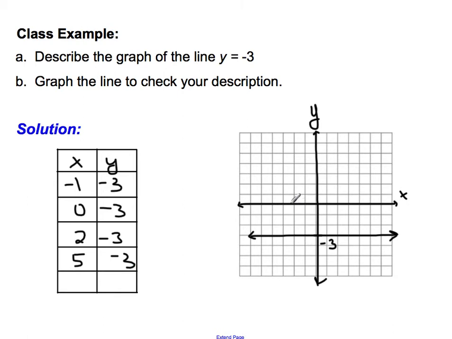It doesn't matter how far you go this way, you are always going down to negative 3. Notice that all your y's are equal to negative 3, and that's why we have the equation y is equal to negative 3, because it doesn't matter what your x is for horizontal lines.